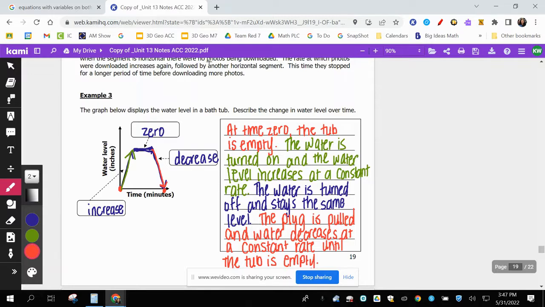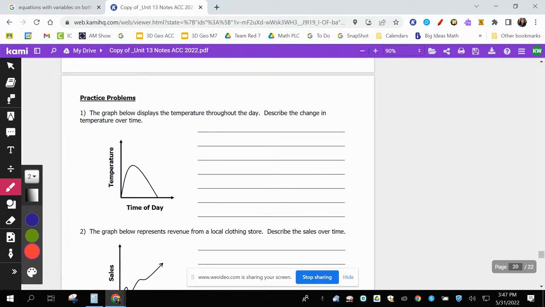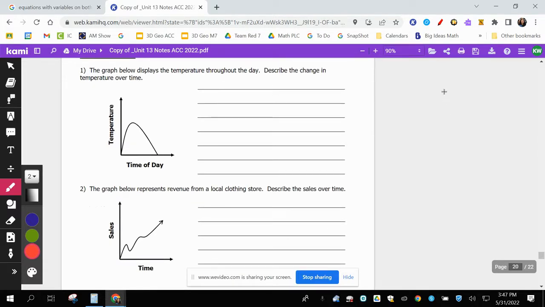Okay, let's go to the next page. So practice problems. The graph below displays the temperature throughout the day. Describe the change in temperature over time. So this is not a straight line. This is a curved line. So we're not going to say that the temperature is increasing or decreasing at a constant rate.